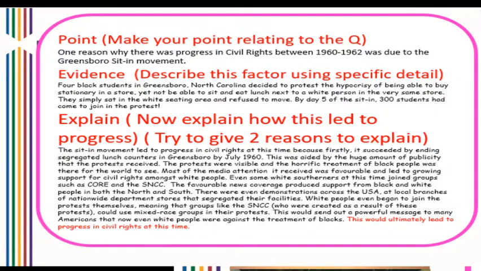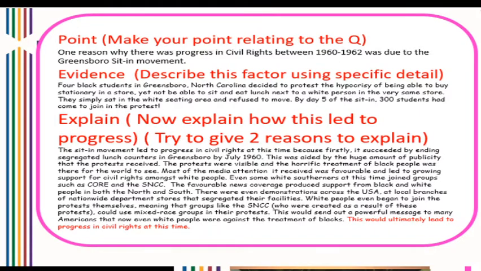So I've said the sit-in movement led to progress in civil rights at this time because firstly, it succeeded by ending segregated lunch counters in Greensboro in July 1960. This was aided by the huge amount of publicity that the protests received. The protests were visible and the horrific treatment of black people was there for the world to see.